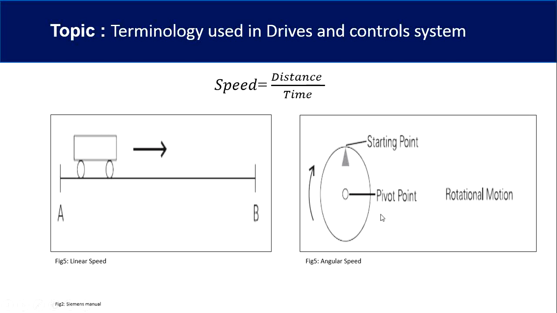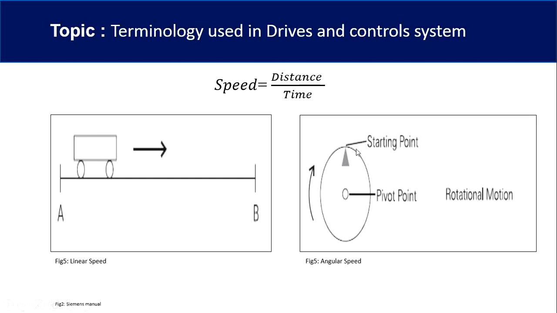Okay. Now angular speed. In angular speed, the object is going to rotate. It is also called rotational speed. It determines how long it takes for an object to rotate a specified angular distance.